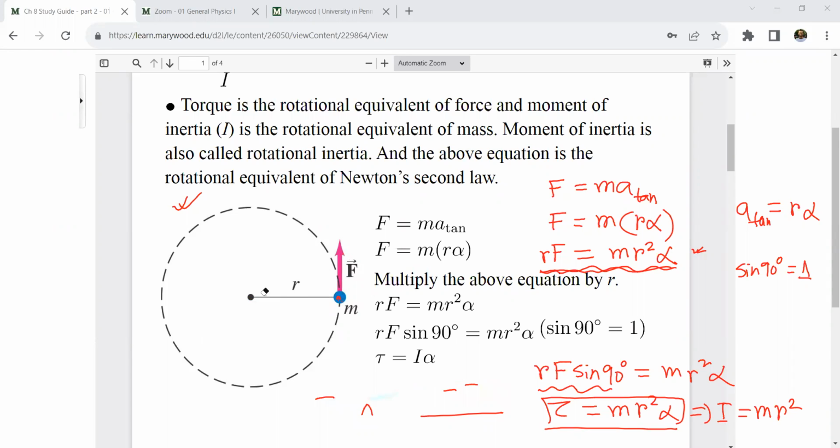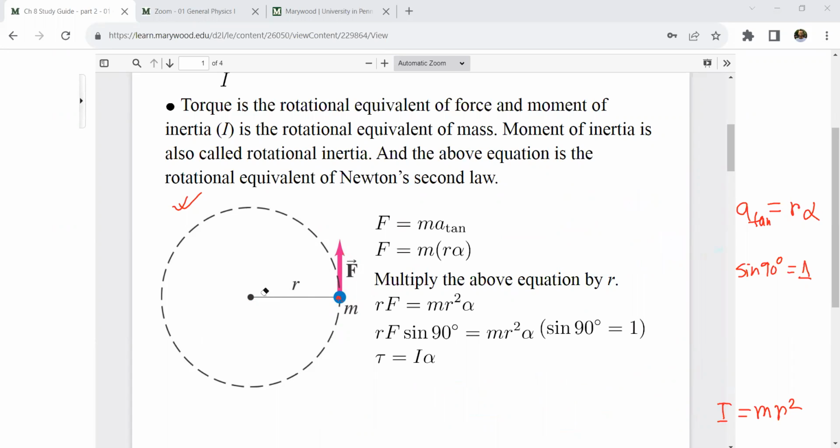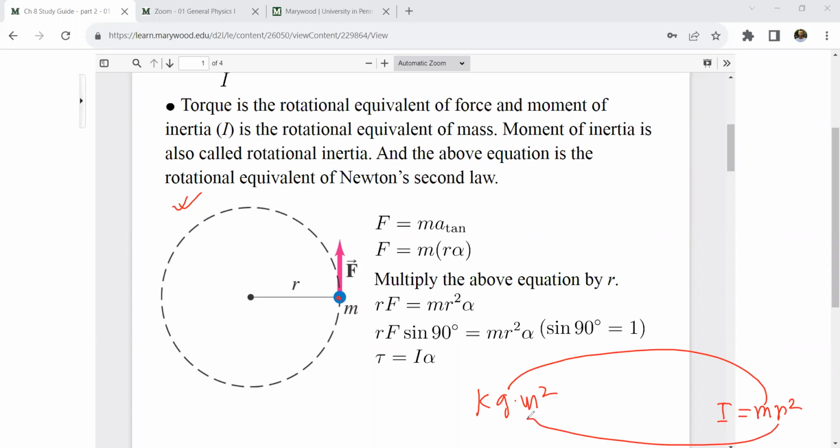And from this equation, I equals M R square, we can write the unit of I. The standard international unit of I is kilogram meter square. So kilogram from mass and meter square from R square.